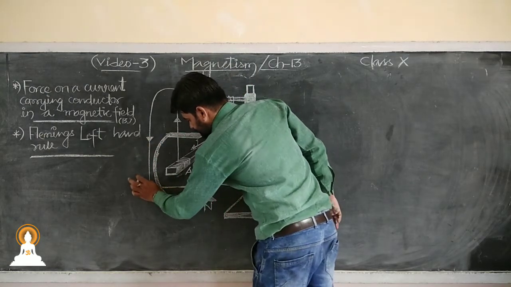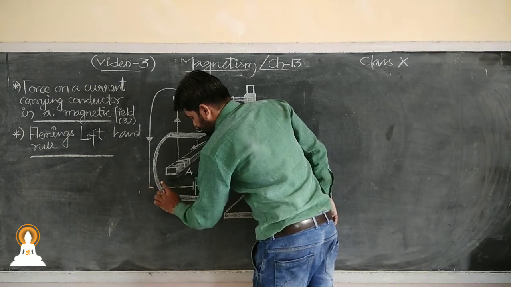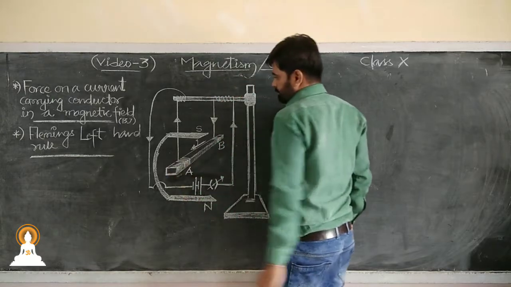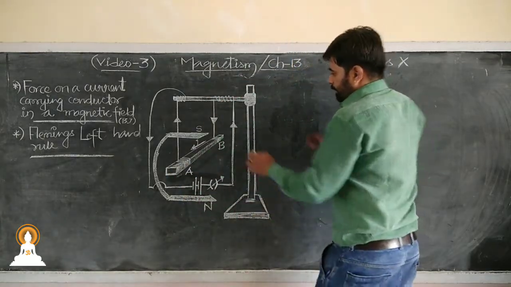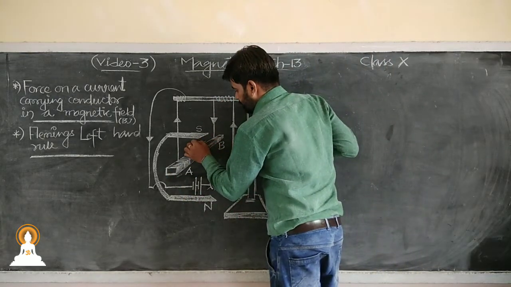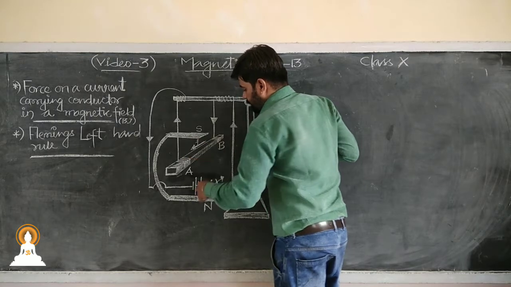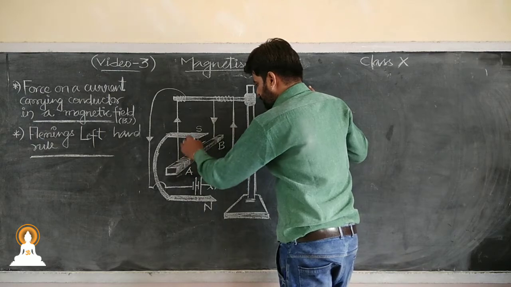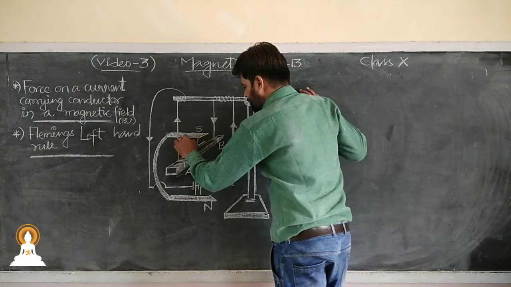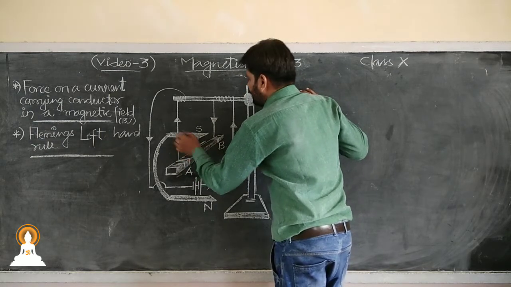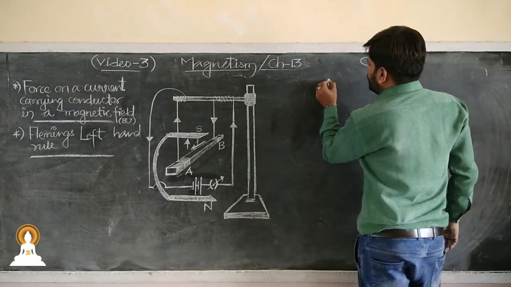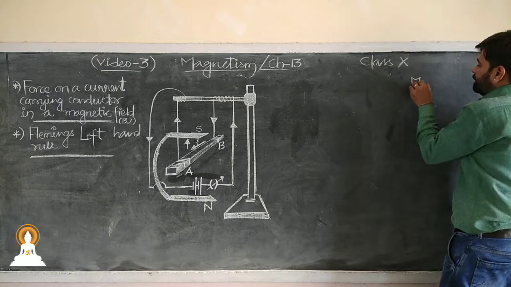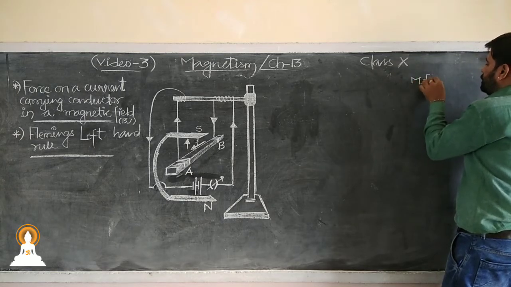Here there is a jump between the wire, they are not connected. The direction of magnetic field is from north to south, so it will be in the upward direction.